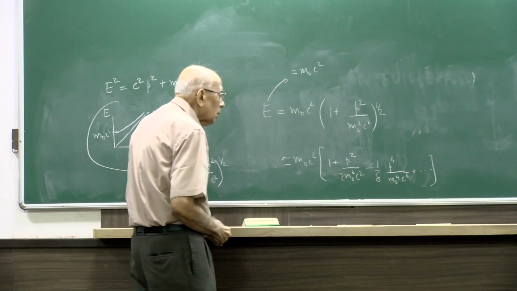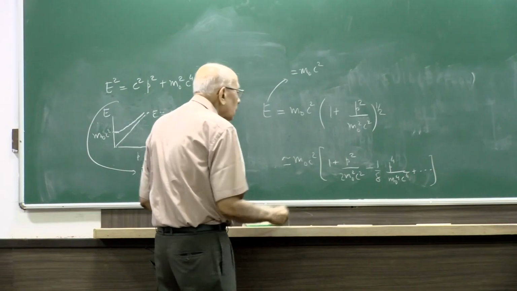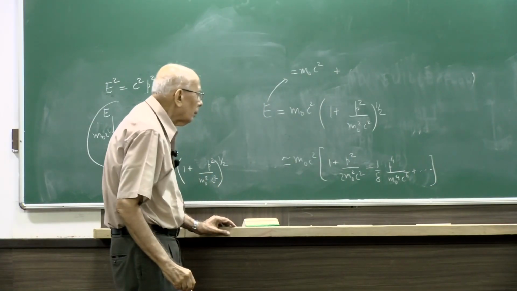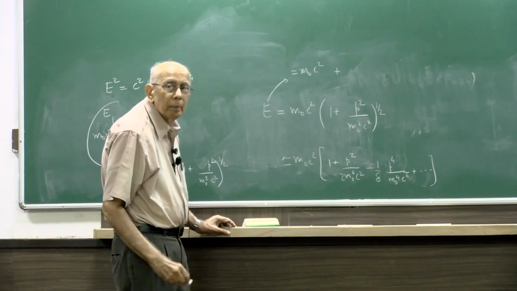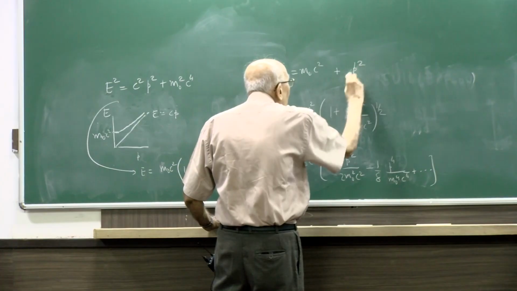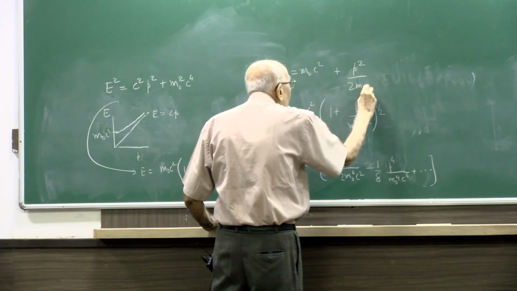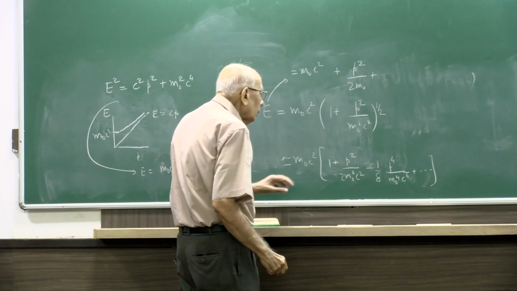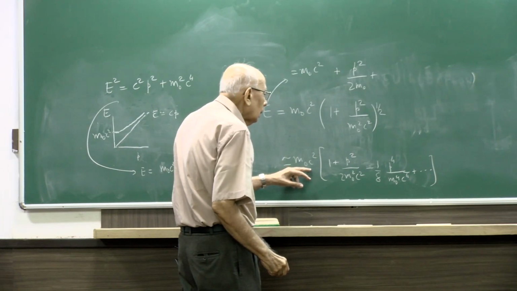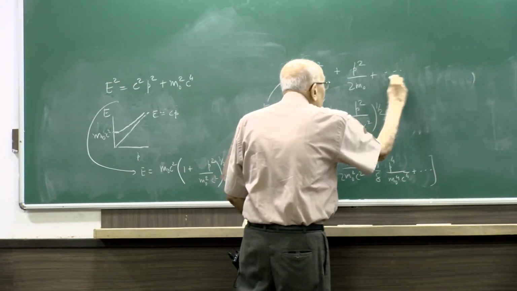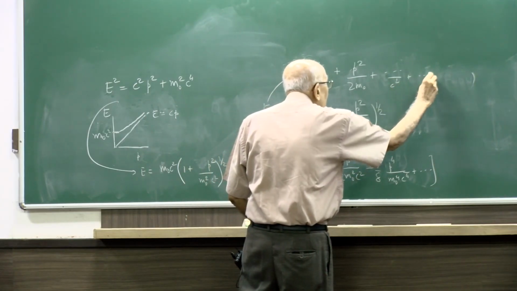The first term is m naught c squared, that's this term, plus, what's the next term? A term which is proportional to something divided by c squared.